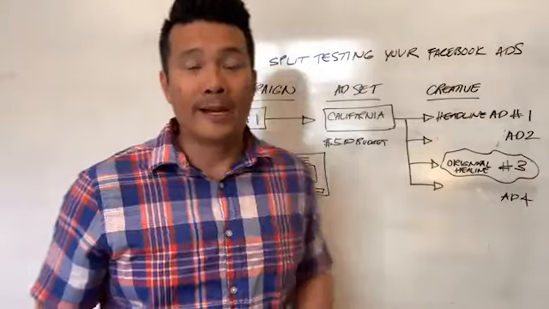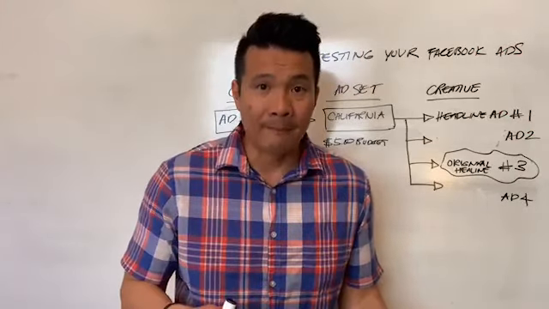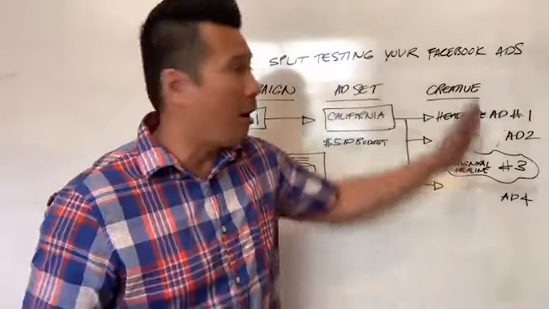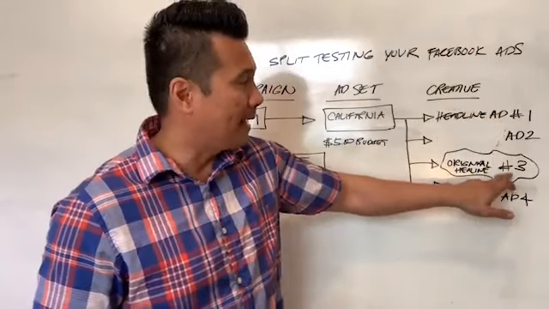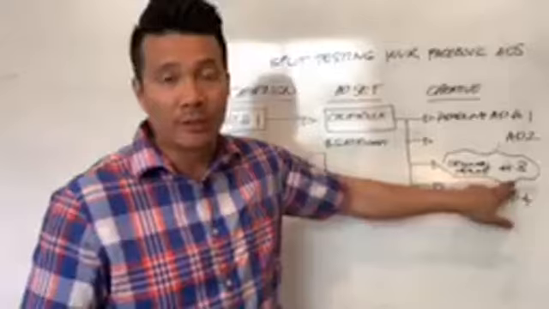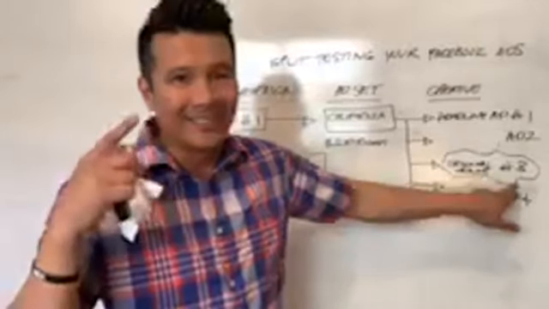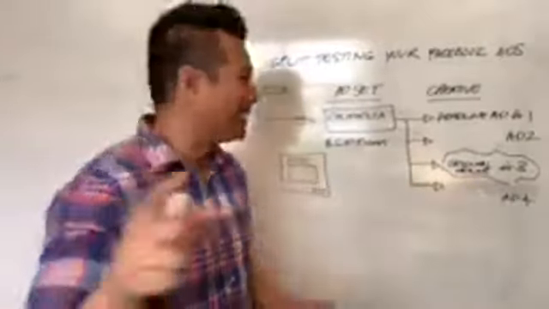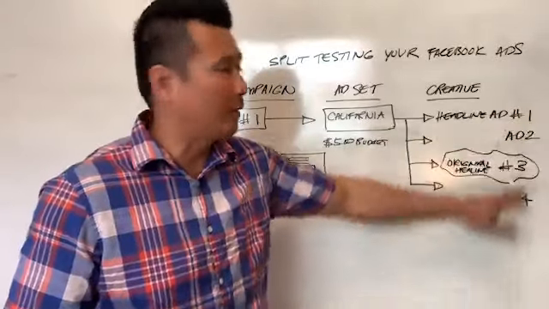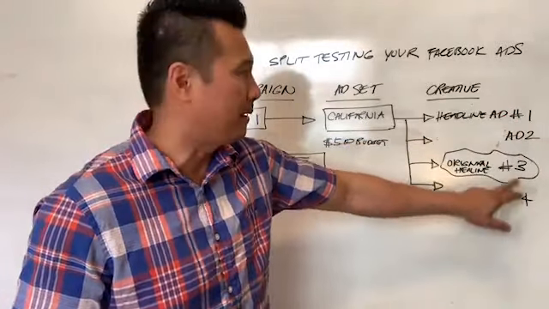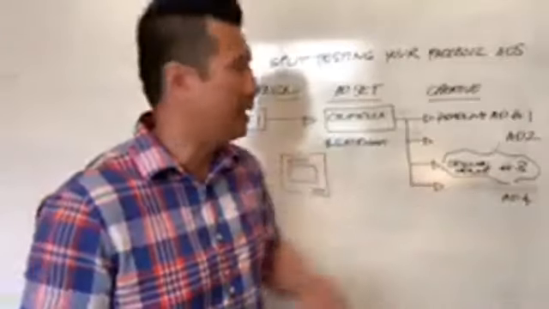That's super important. That's the next step: make sure all 4 ads are uniform, that they all have the same exact picture. Hopefully you guys are starting to get the picture. That's kind of cheesy. But yeah, so now you change the picture in all of these ads, except ad number 3.